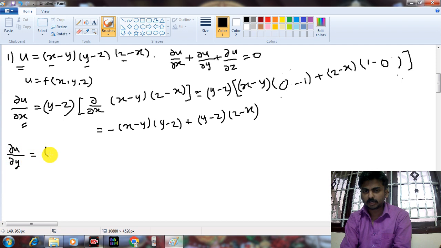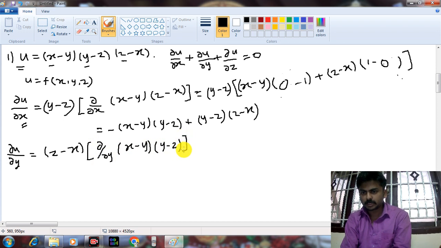The function z minus x is not associated with y, so I take z minus x outside, and differentiate the rest of the product with respect to y: dou by dou y of (x minus y) into (y minus z).